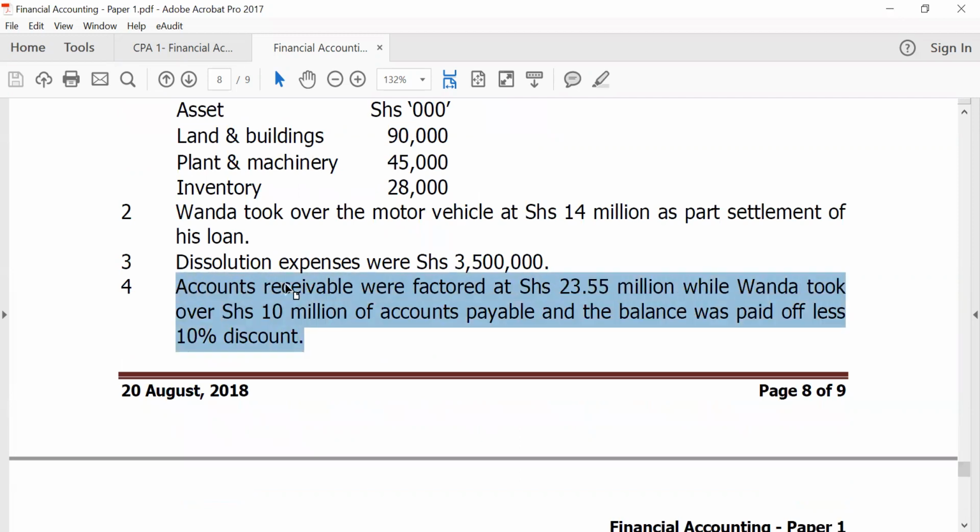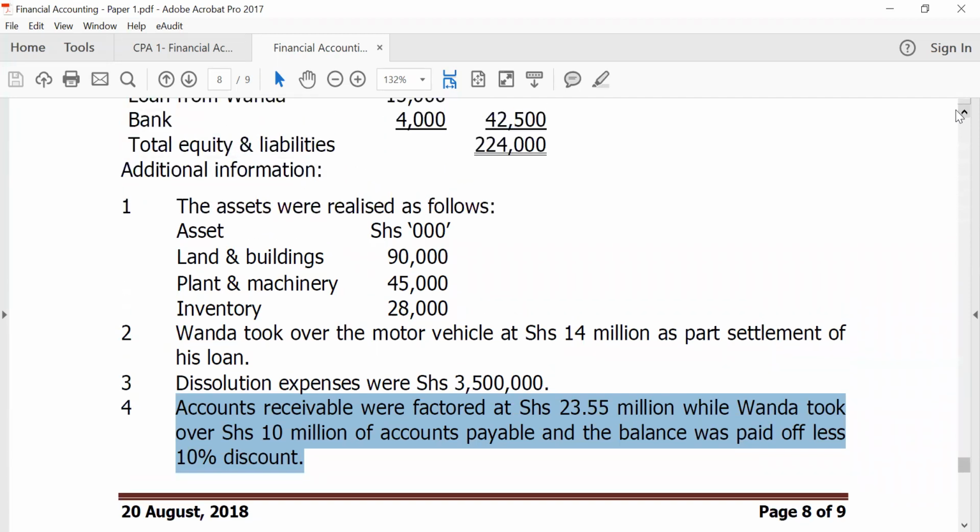We also have accounts receivable, which they are saying were factored at 23.55, while one partner took over 10 million of accounts payable. So the accounts payable were actually also taken over. So it means that the partner will pay these on behalf of the partnership later on.